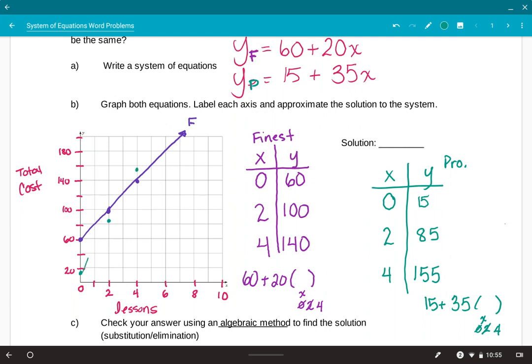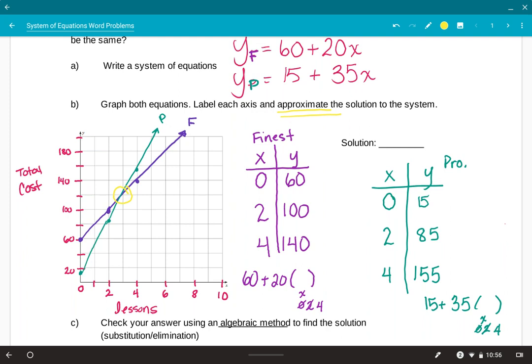Closest as I can get. And that's our professional. So if we look at our solution, remember, solution is where our lines meet. And it's approximate, okay? It is approximate because we're not doing a dot for each number, and I'm counting by 20s on the y-axis.